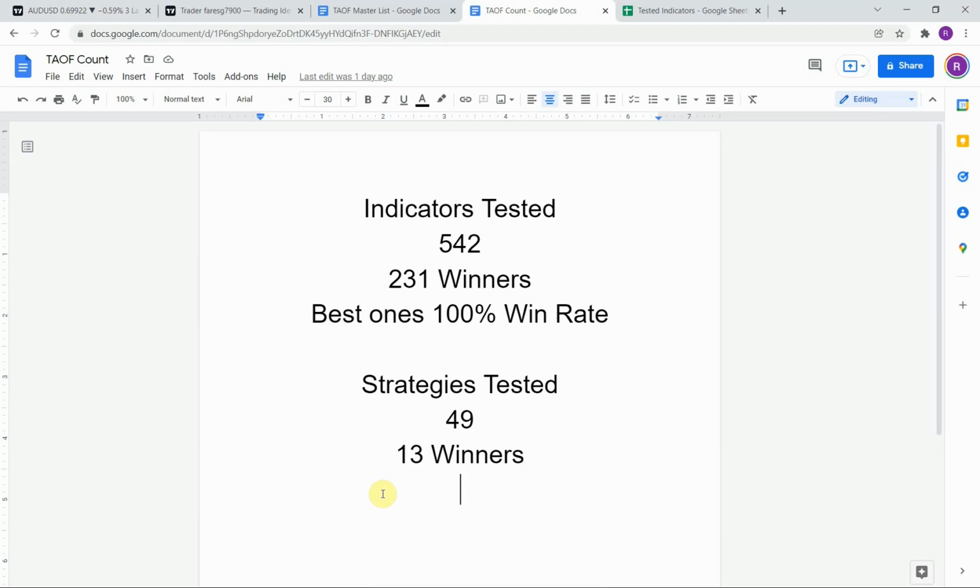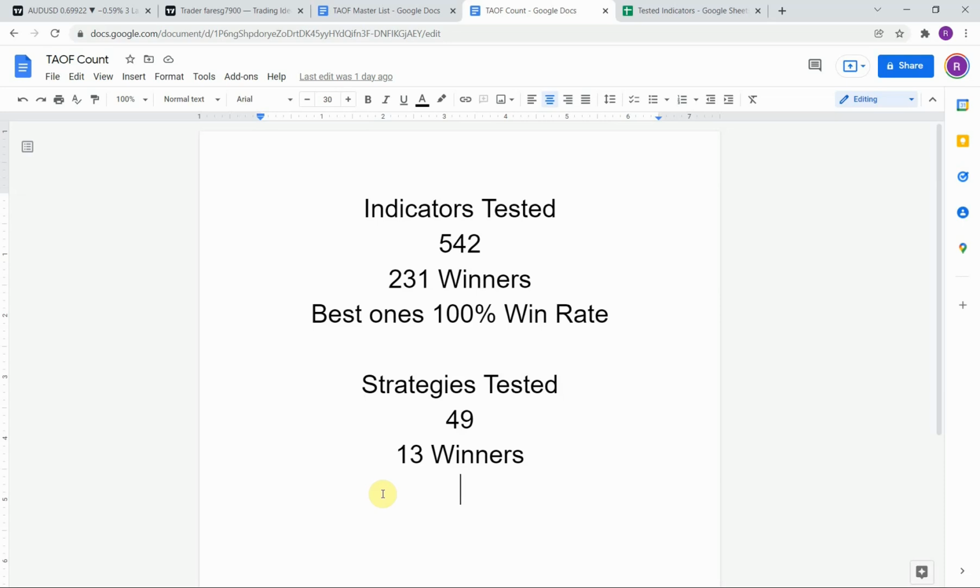We've also tested a total of 542 indicators, with 231 of them being winners. The best ones so far were able to achieve a 100% win rate. Now you need to go back and watch those videos to understand the context of how they were able to achieve that. So go back and watch those videos and see what you can get out of those winning indicators.